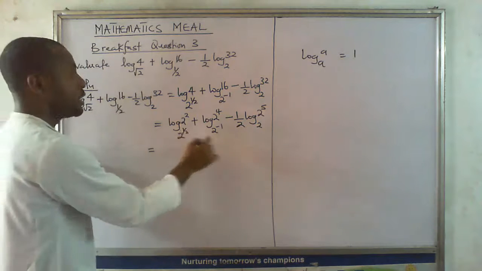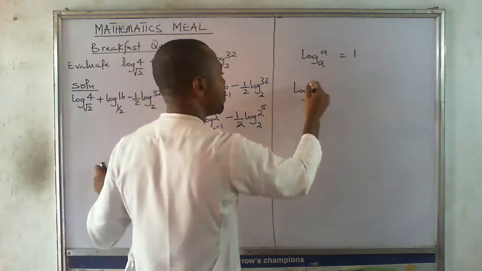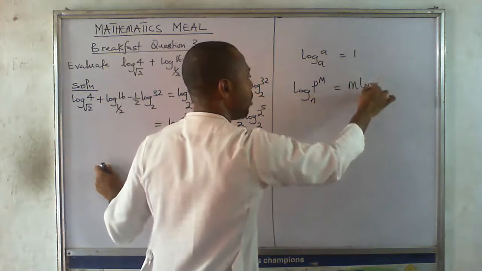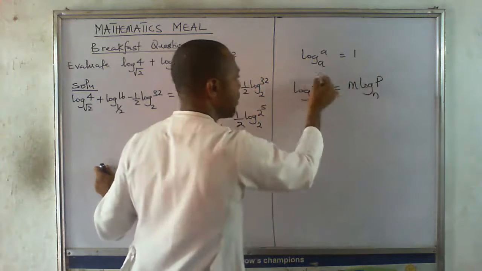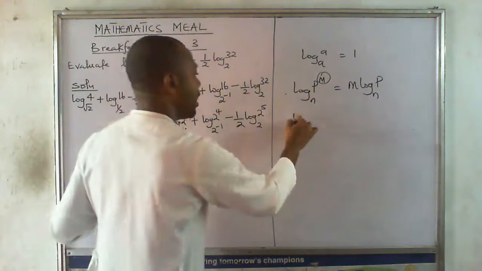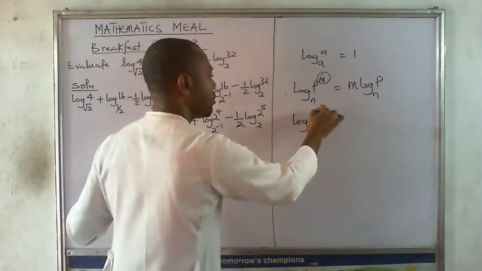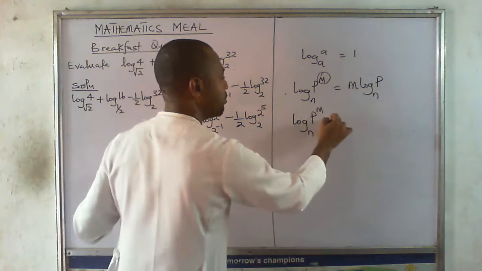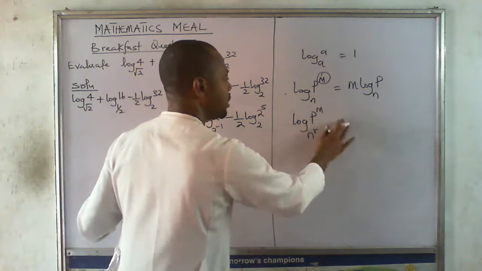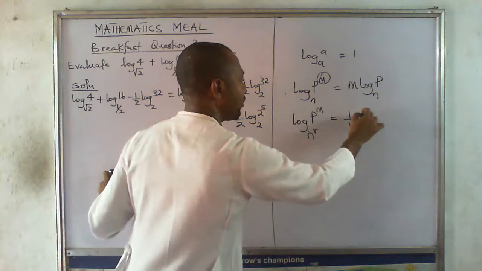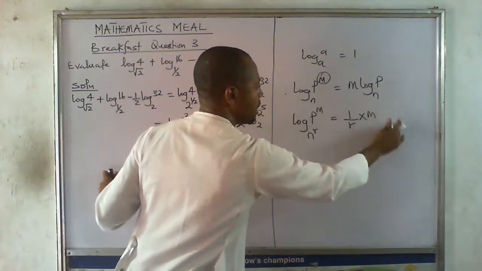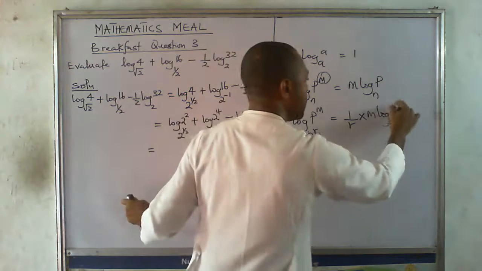Look at the law here: log p raised to power m in base n is the same as saying m log p in base n, the power on the number becoming the coefficient of the log. But if I have log p raised to power m in base n raised to power r, this is the same as saying 1 over r times m log p in base n.